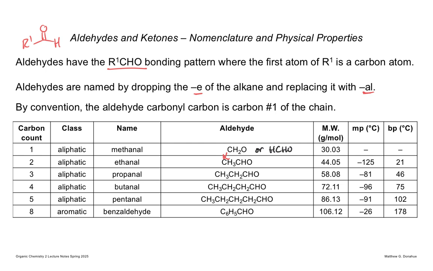So ethanal is acetaldehyde. But again, you see the CHO here is at the end of the chain in H. I don't know how much more I can say about that, other than visually recognizing the CHO group as the aldehyde.